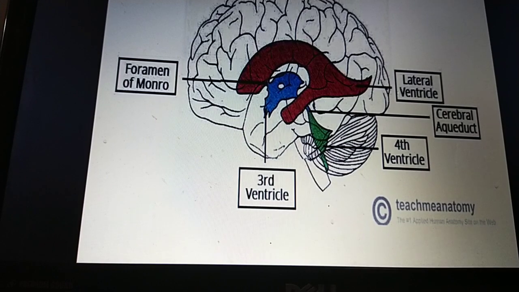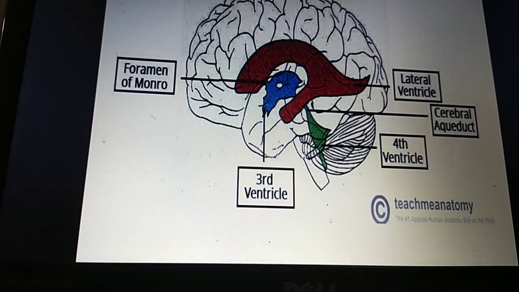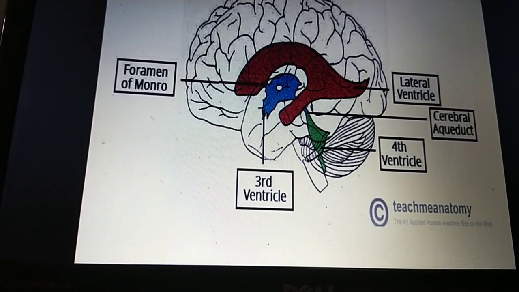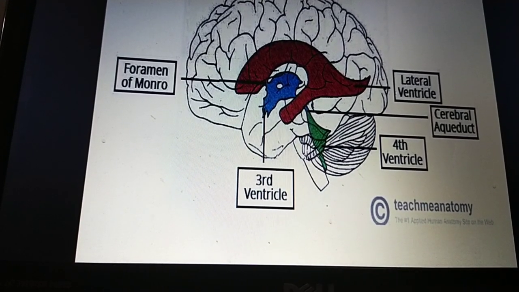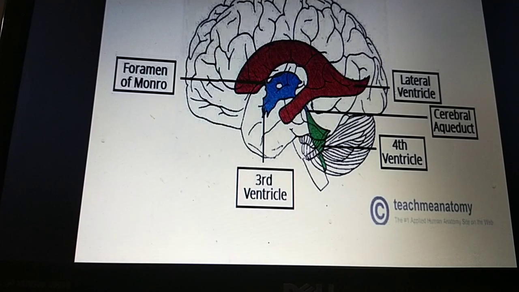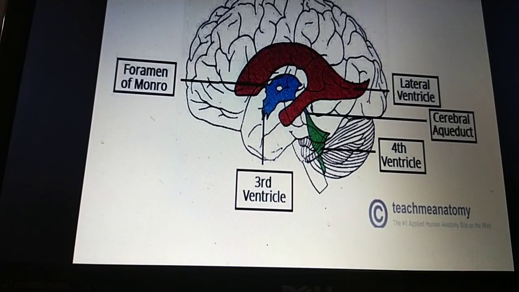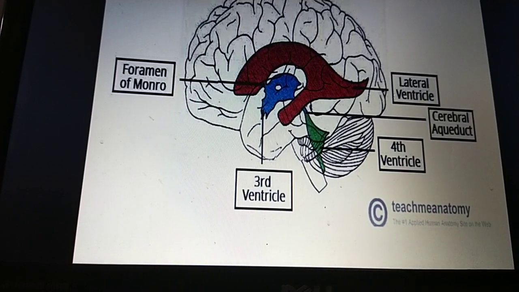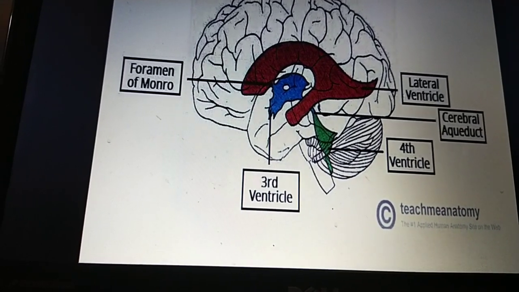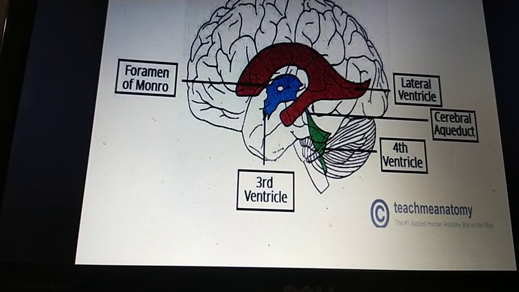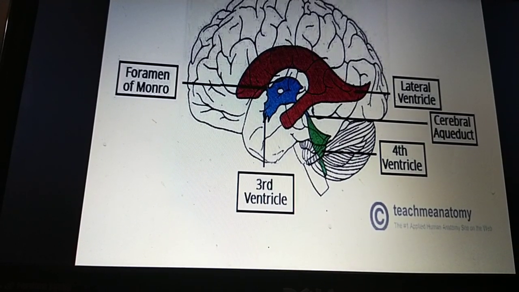The ventricles of the brain are structures that produce the cerebrospinal fluid, and they are lined by epithelial cells, which form the structures called the choroid plexus. Within the choroid plexus the cerebrospinal fluid is produced.